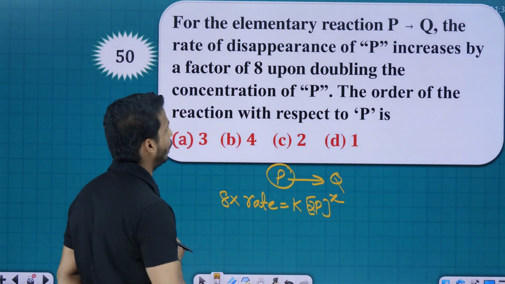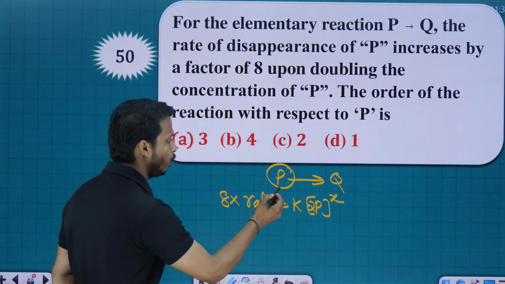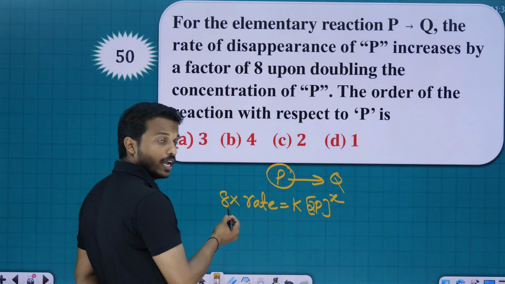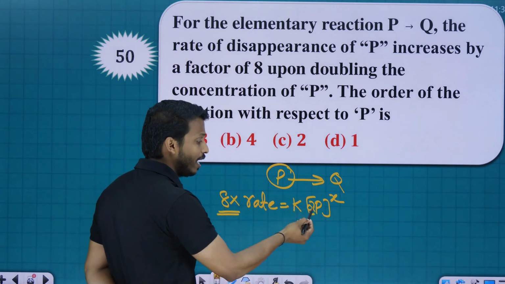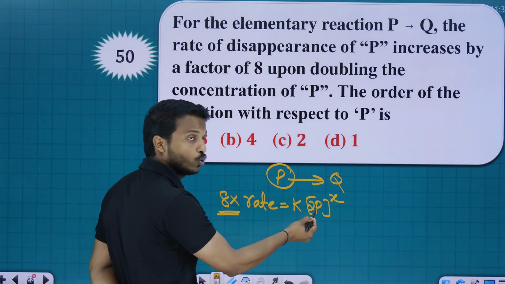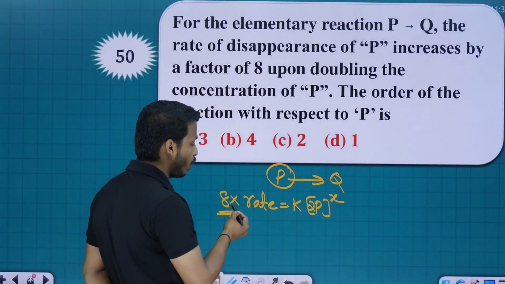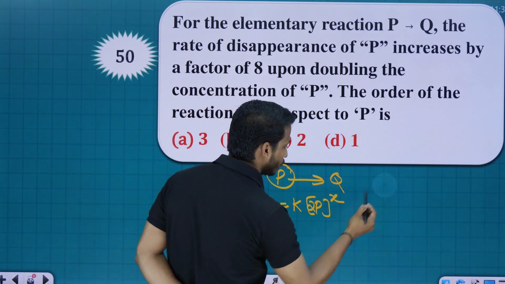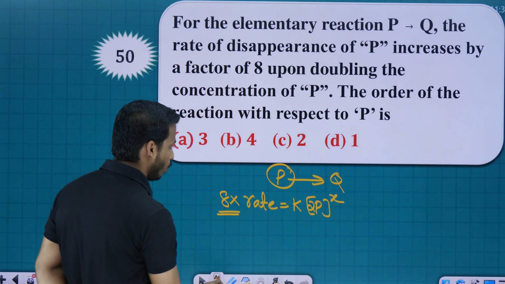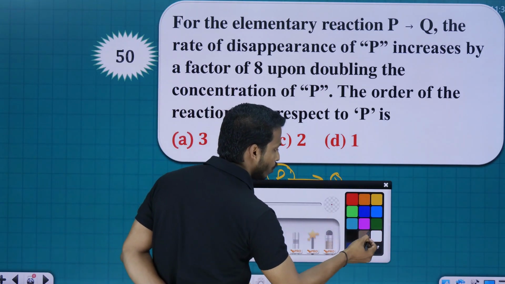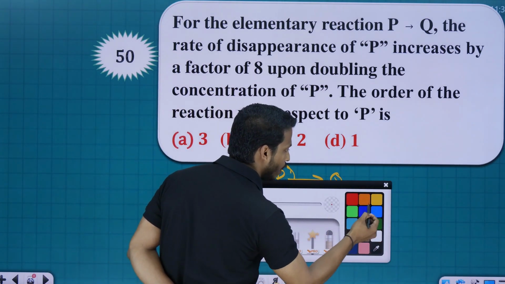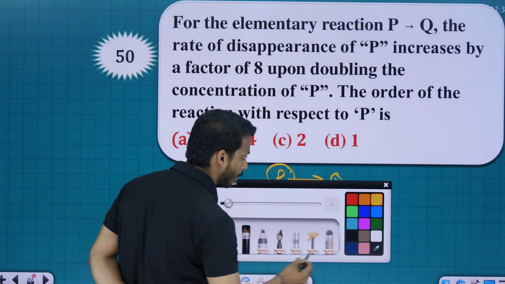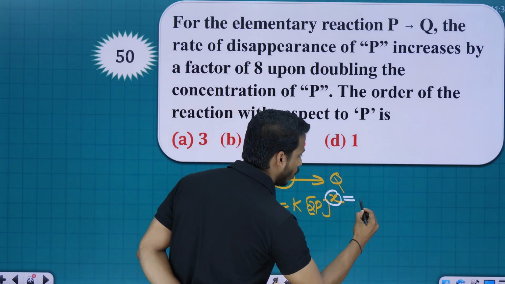So it is doubled P. Then what is the order? If you want to get 8 times, they increased the concentration of P double. So 2P. So what should be the power? If you want to get 8, what should be the power of 2? Can you say, dear? 2 raised to 3, right? What should be the power X? It should be 3.